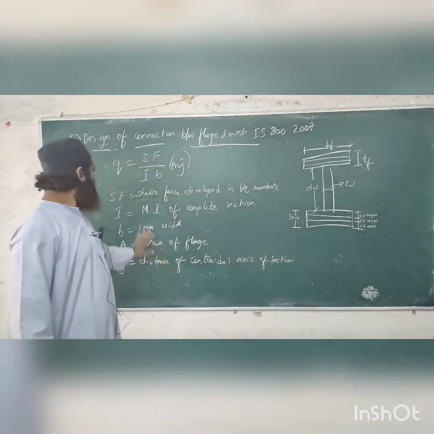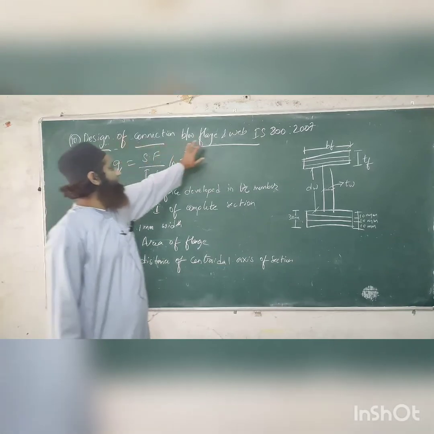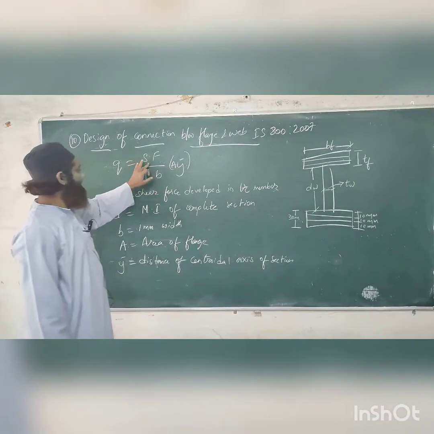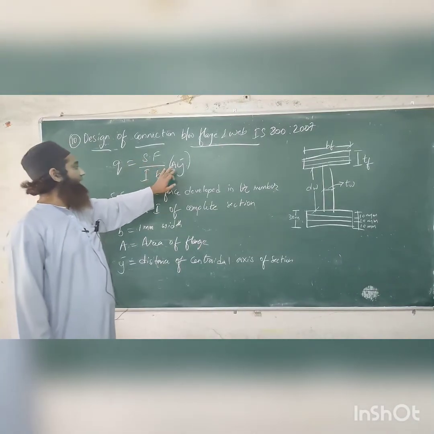Okay, now this is the Q we have got, for the design of the connection between flange and web. This is the connection we are designing. Q is equal to shear force by I into B, into A y bar.